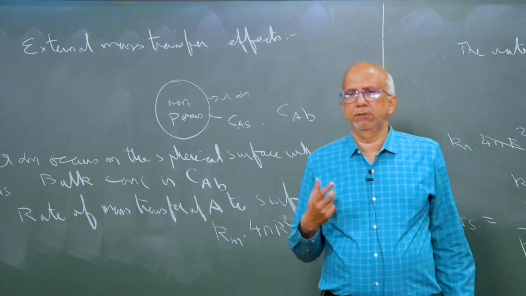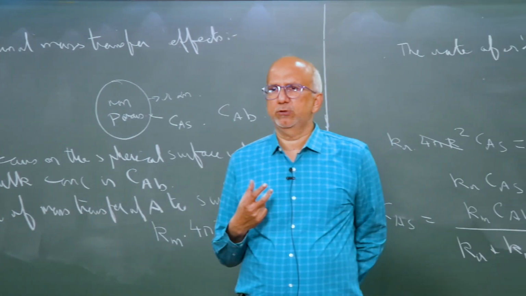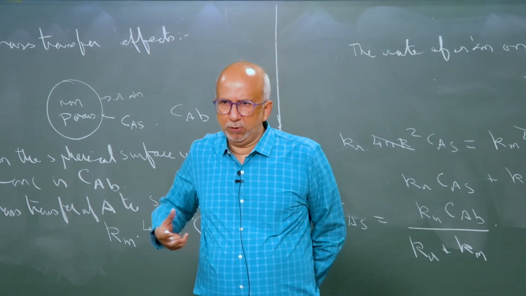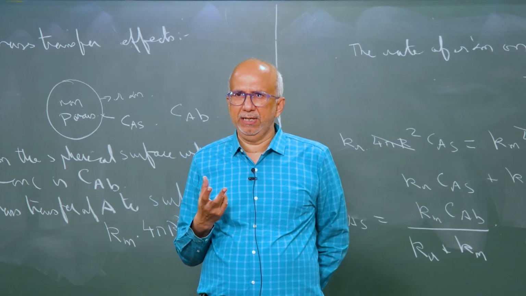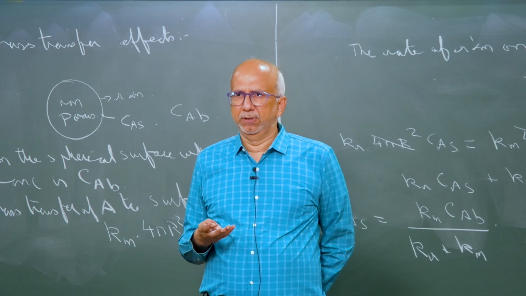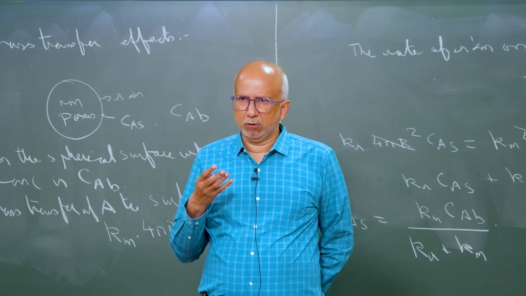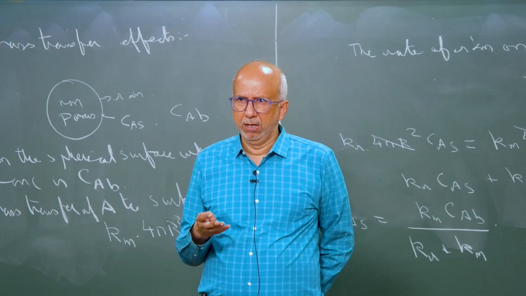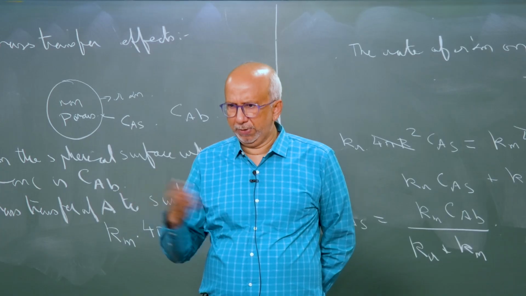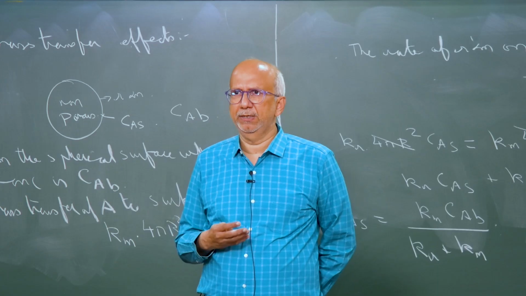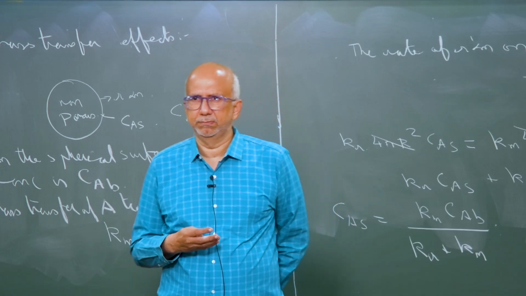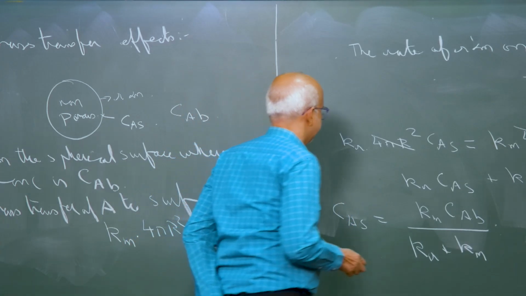Now, the bulk concentration is what you can actually experimentally measure, because that is what was feeding into the reactor. CAS is the dependent variable, okay, which is the concentration on the surface, which you cannot control. It is controlled by the interplay between the external mass transfer Km and the rate constant Kr. So, that is basically what it is.